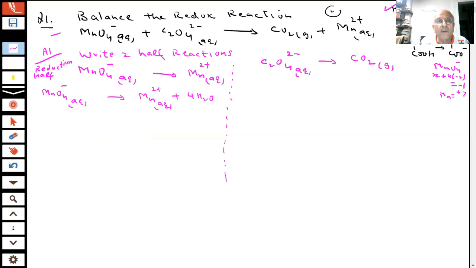Now how many H plus to be added, and on which side? 8 H plus on the left side. Now the equation has hydrogen 8, manganese 1, oxygen 4.